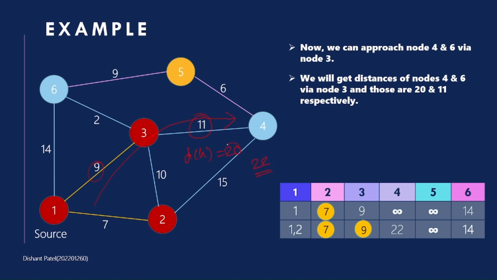So we will reduce this value and relax our fourth node to the value 20, and we can go to the sixth node via this path, and this cost is 11. That is also less than the previous value of the distance of sixth node. So we will also minimize that.